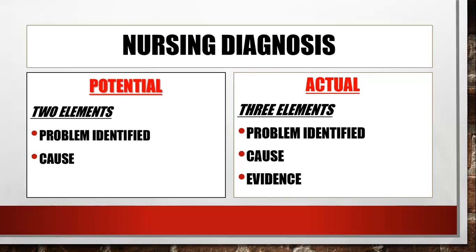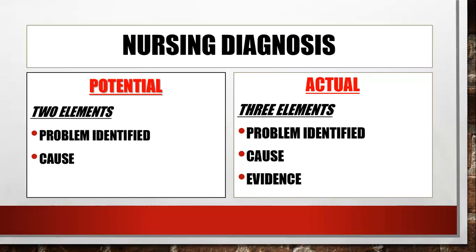There are a lot of them. This is evidenced by, number one, maybe dry skin, poor skin turgor, dehydration, or that. So this is how we jot down the nursing diagnosis. This is very, very important.